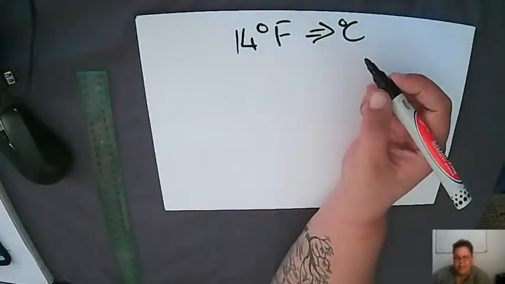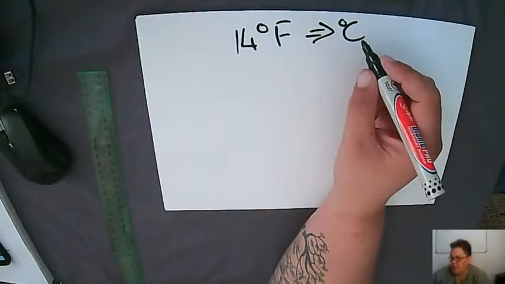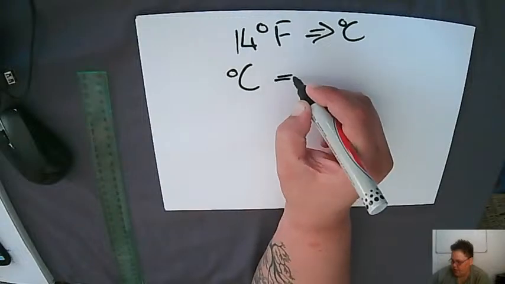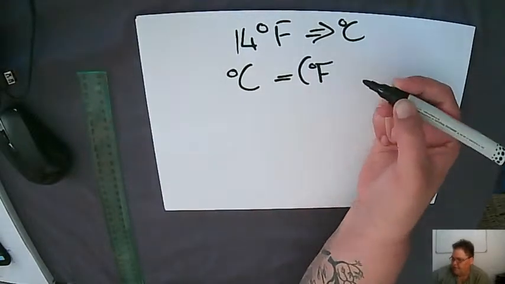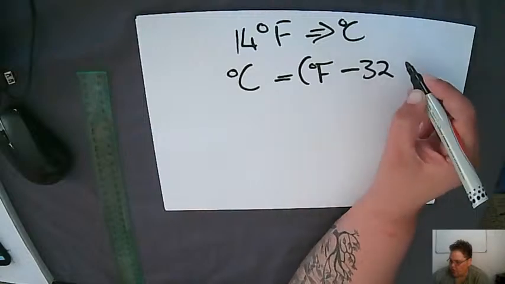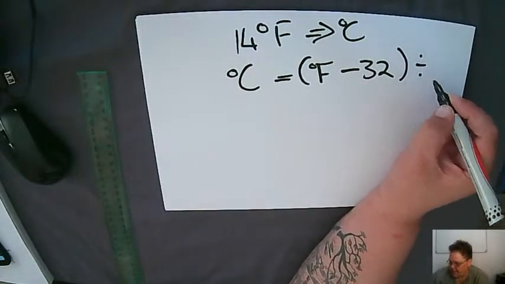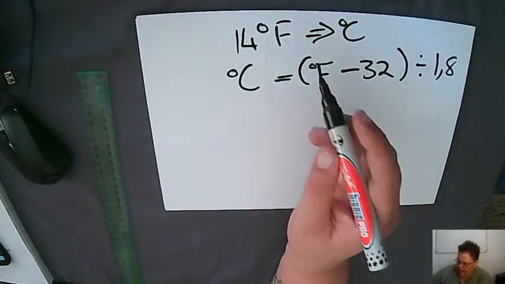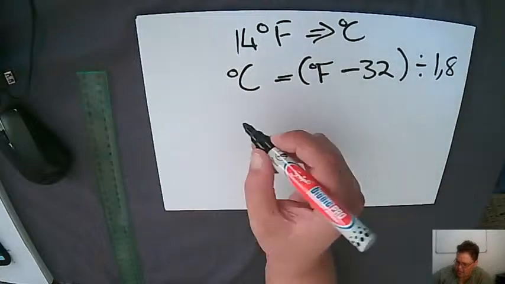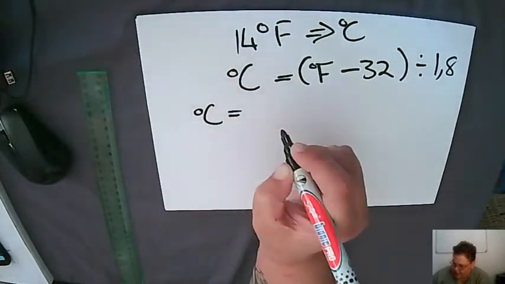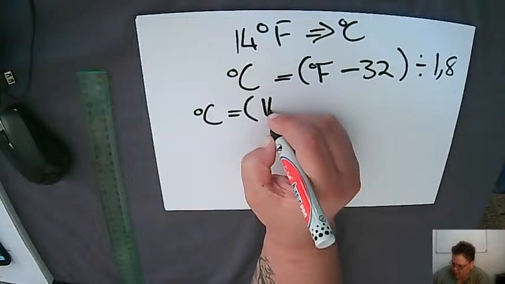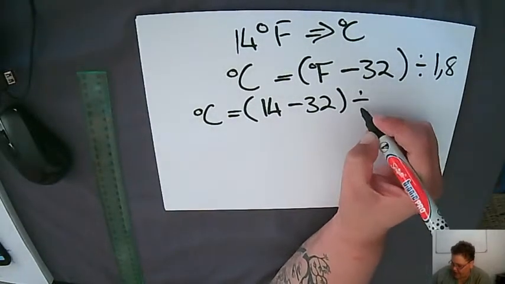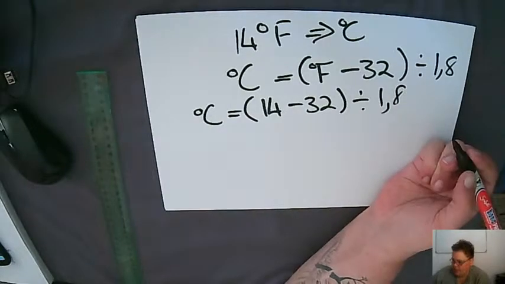The formula is degrees Celsius equals degrees Fahrenheit minus 32, close the bracket, divided by 1.8. I have the degrees Fahrenheit information, so I am now going to put it into the bracket: 14 minus 32, divided by 1.8.